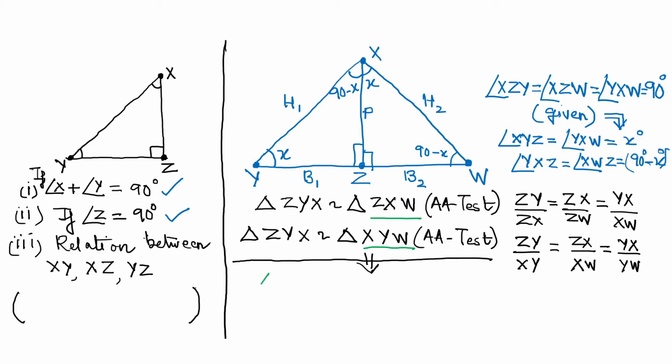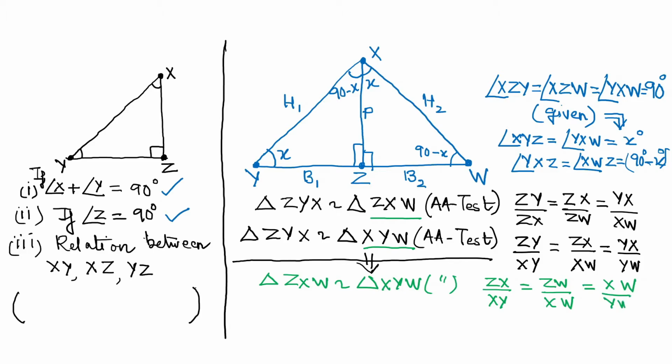We are saying finally that the triangle ZXW is similar to triangle XYW using the AA test, because of which you will be able to say that ZX upon XY is the same as ZW upon XW is the same as XW divided by YW. We'll be able to say this finally.